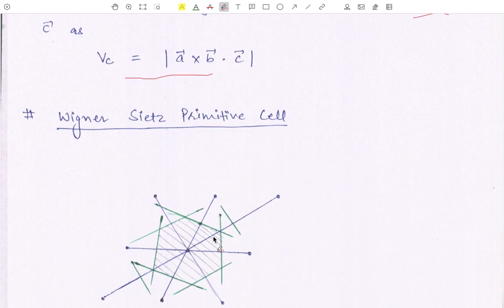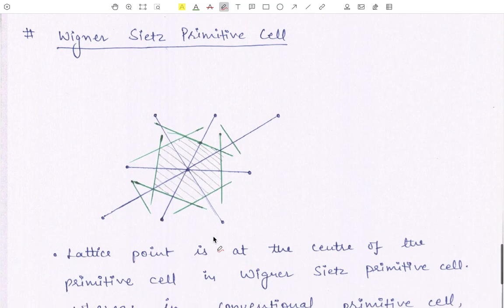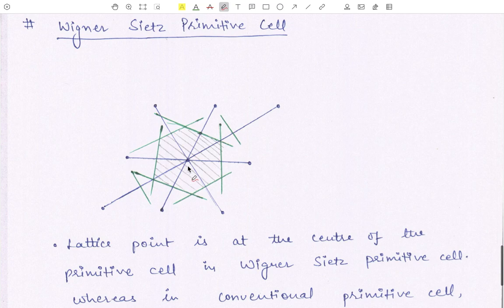Now the next is the Wigner-Seitz primitive cell. Now what is the Wigner-Seitz primitive cell? It can be generated in this way: let us choose a lattice point in the lattice structure. Let us choose this as the lattice point. Now we join this lattice point with all its nearest lattice points with the help of straight lines like this.